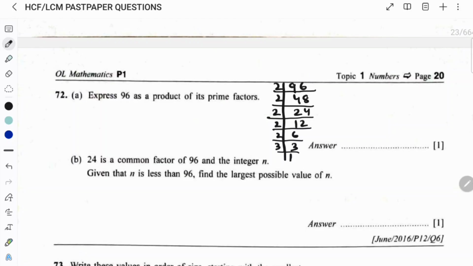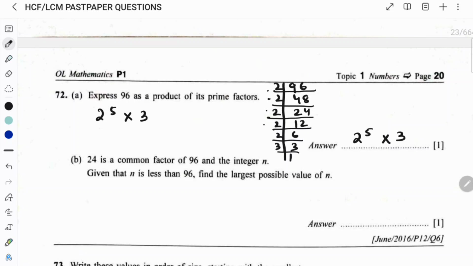So we have to count how many times: 1, 2, 3, 4, 5. So that is 2 to the power 5 times 3 only. So 2 to the power 5 multiplied by 3 is the answer for this question.